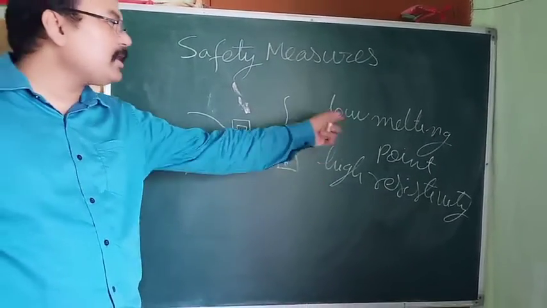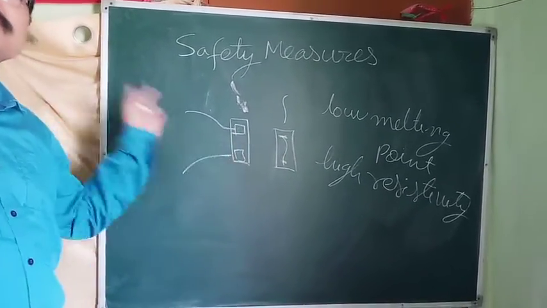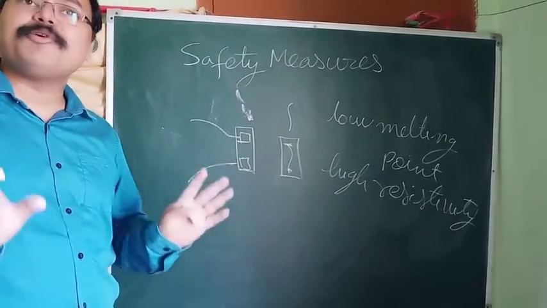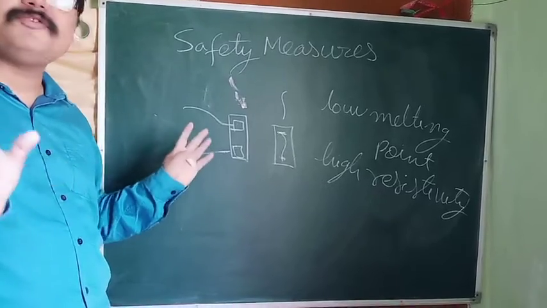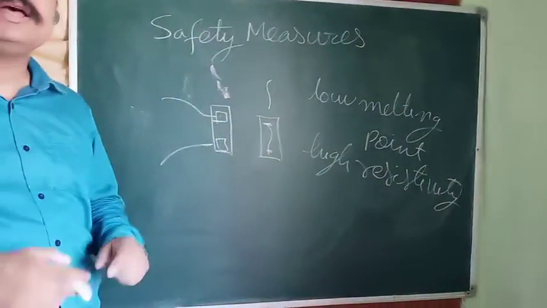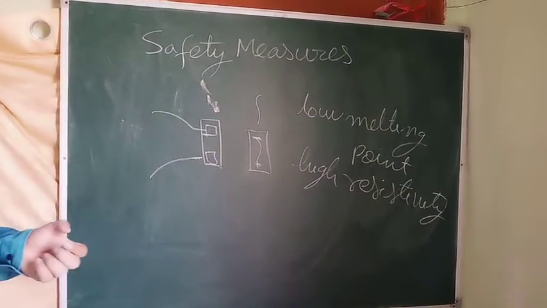As it has got low melting point, it will melt. As it will melt, the current will not reach the other devices. So other devices will remain protected. That's the way the fuse protects all the other devices as well as the wiring of your house or your school or your other buildings.